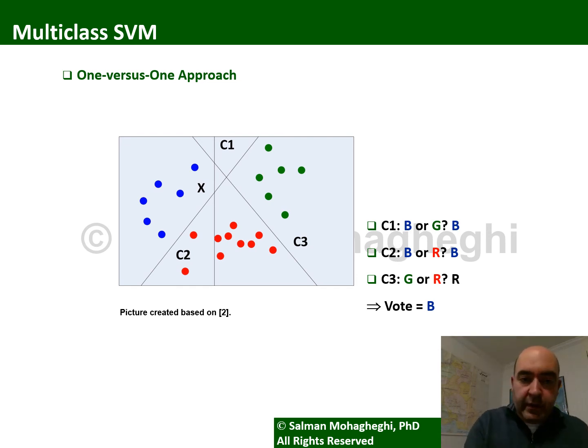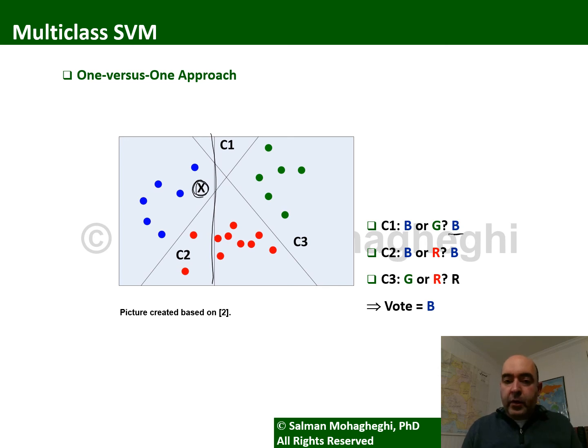Consider this is my test observation, and I want to know what class this observation X belongs to. First, I do a classification between blue and green, so I ignore red completely. This is the boundary, C1, between blue and green. Based on that boundary, my answer would be blue.